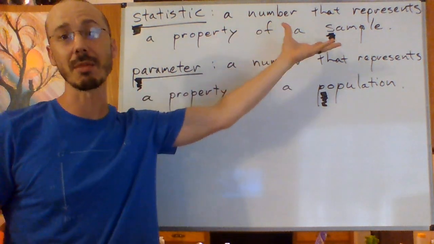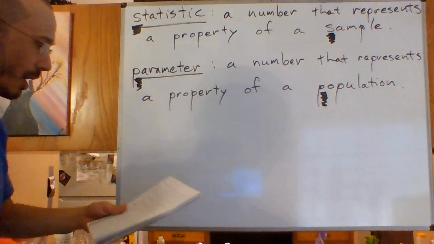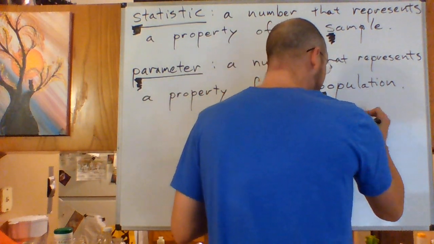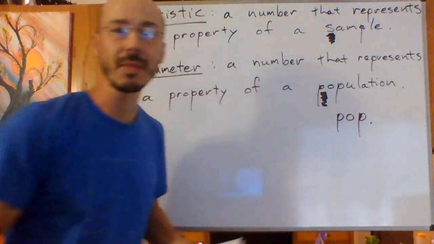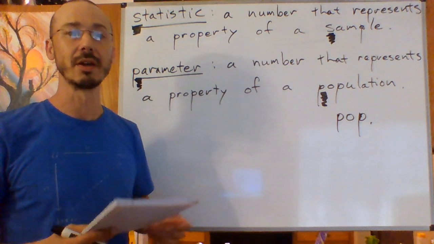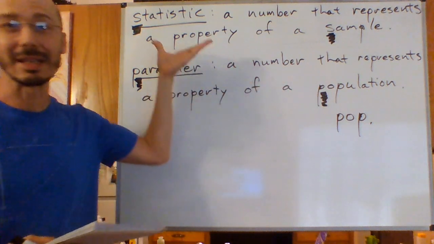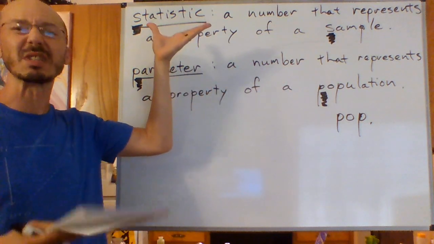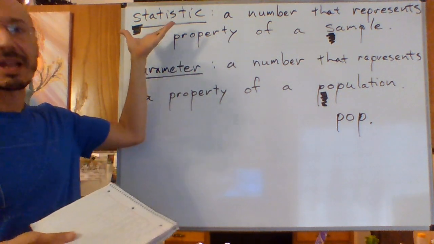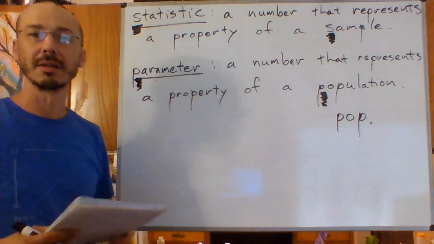Statistics are properties of samples, parameters are properties of populations. So that does make it kind of nice to keep track of them. Also, I'm not going to write that word anymore. We can use the abbreviation POP for population. The rest of these really aren't going to come up very much. Well, the word stat comes up, I guess, but stats is the subject that we're studying, stats. Stat means now.